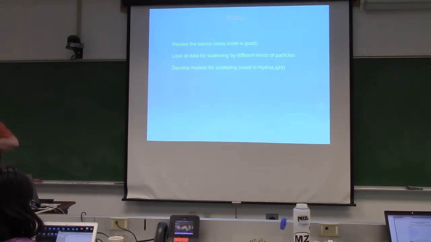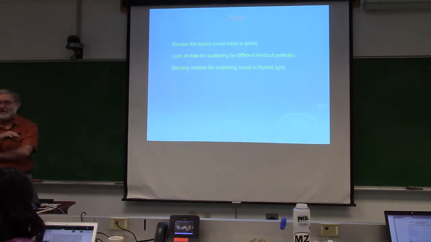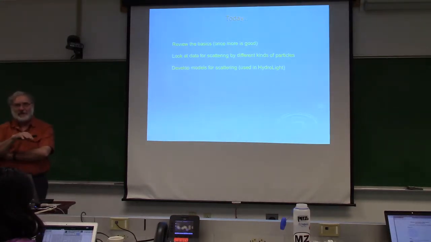Okay, so today, once again, I'll review the little basics here, definitions and so forth. Seeing all this stuff about 5 times is necessary before it really begins to soak in.